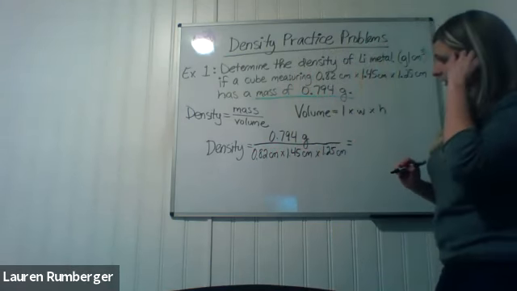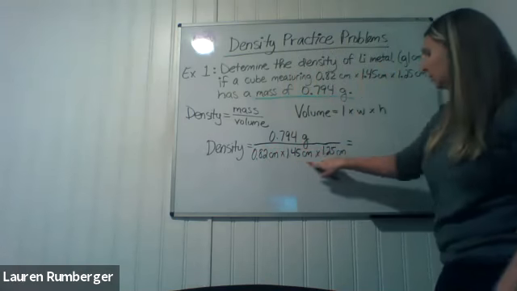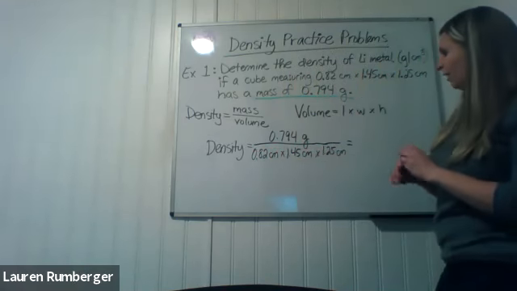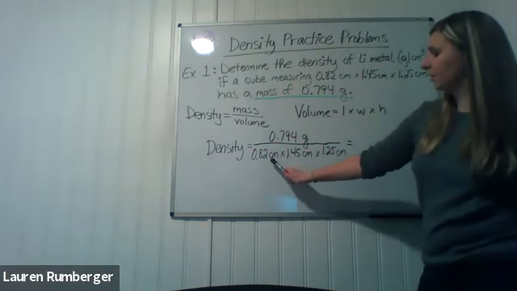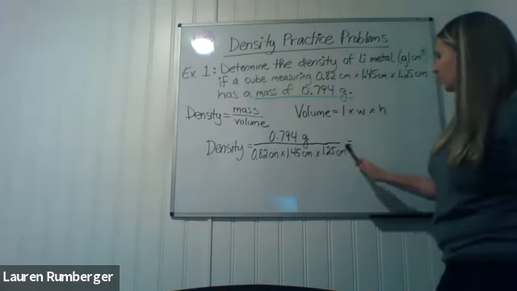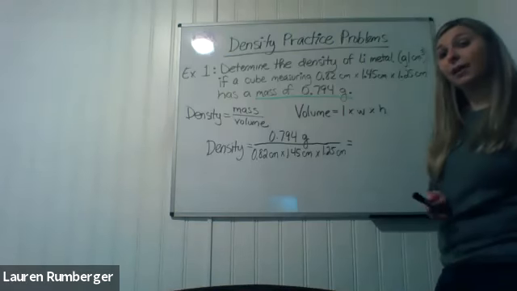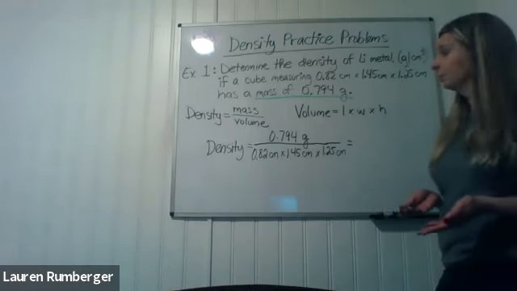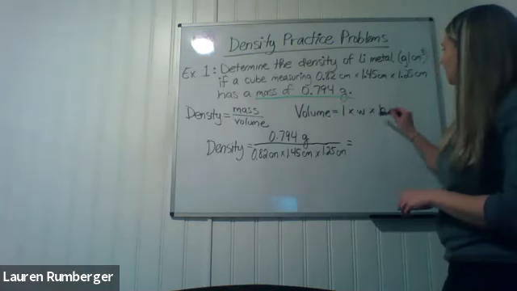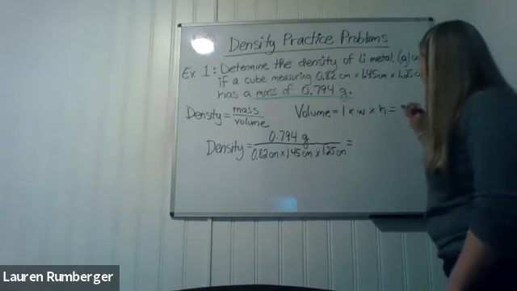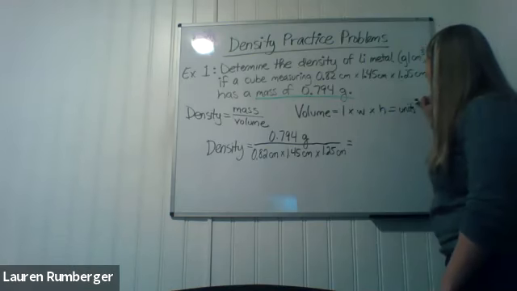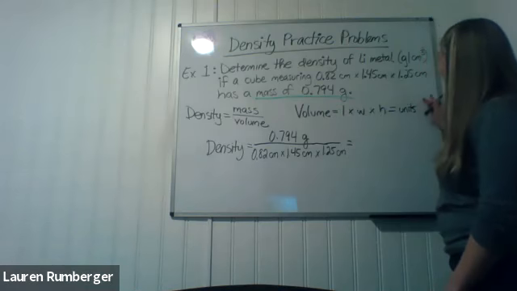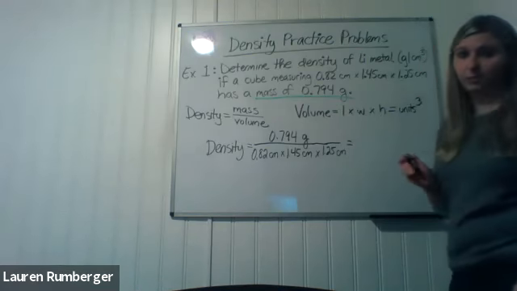Okay. So now when we do this, what we will recognize is that we're going to be multiplying the units of centimeters by centimeters by centimeters to give us cubic centimeters. So volume, length times width times height equals units cubed. Now in this case, the units are centimeters.